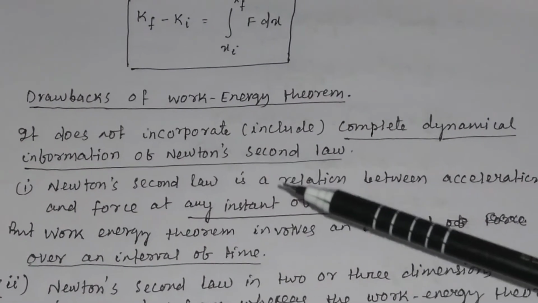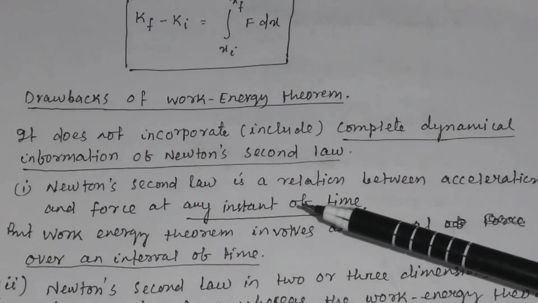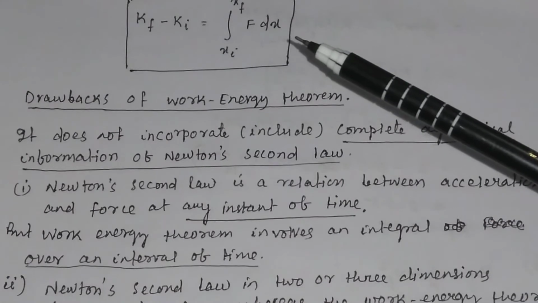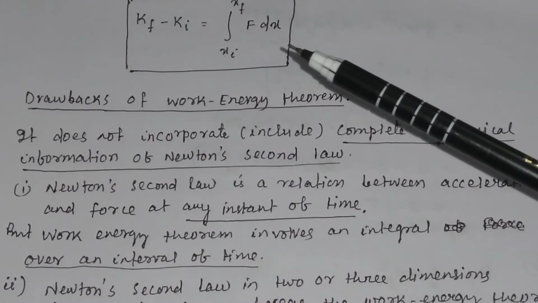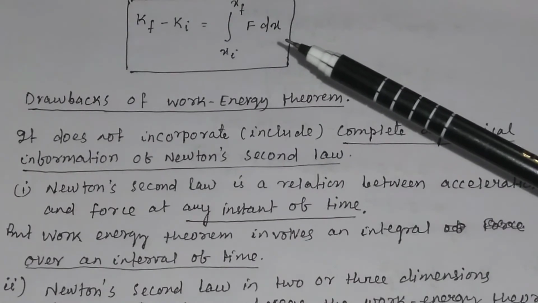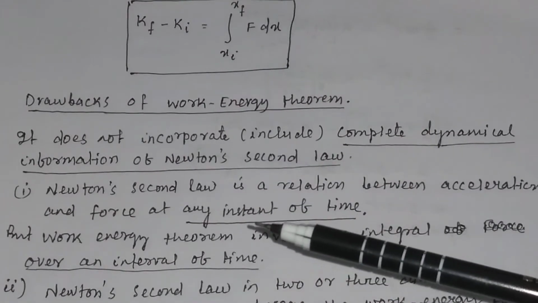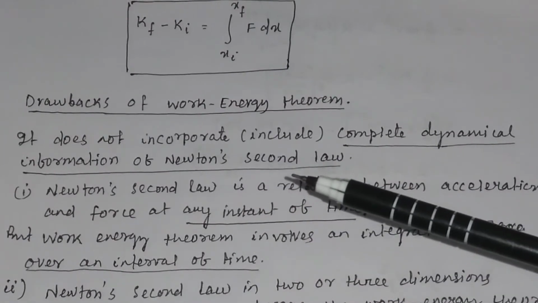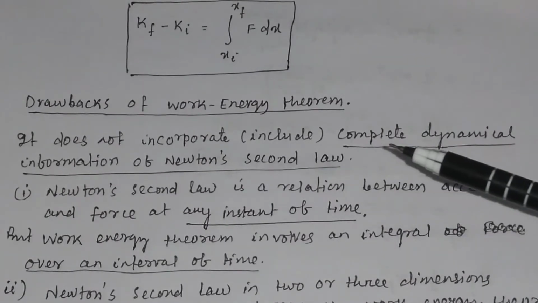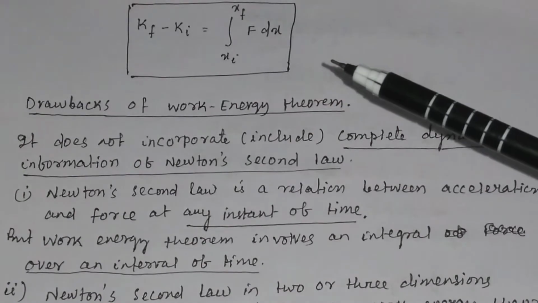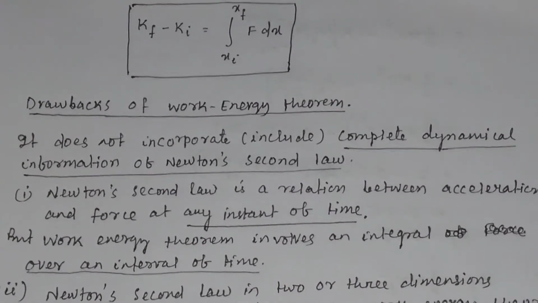Remember, it is the relation between acceleration and force at any instant of time. But the work energy theorem involves an integral over an interval of time. So there is a difference, instant of time and interval of time. That is why you have no knowledge about the complete dynamical information of Newton's second law in the work energy theorem.